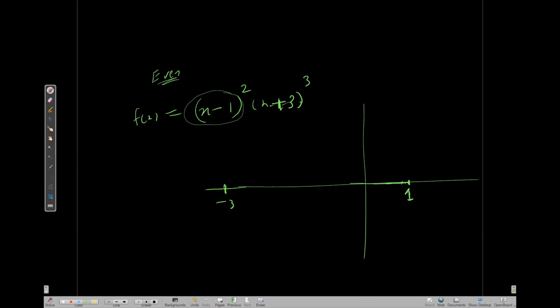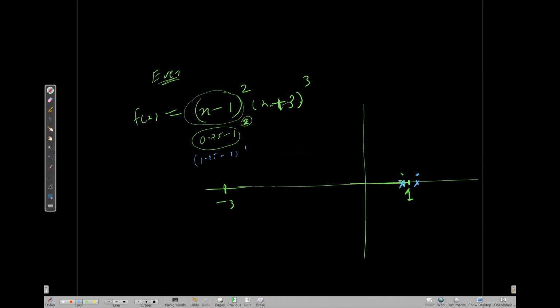So if I plug in 0.75 minus 1, yes, that value is negative, but because of this 2, an even number, I get a positive value, right, somewhere here. And if I take some value very close on this side, 1.25 minus 1, again the same value.